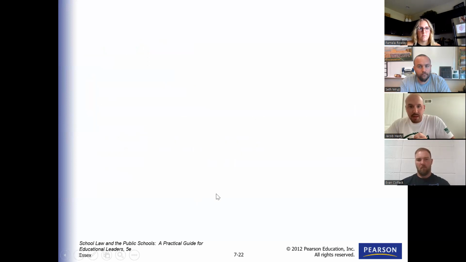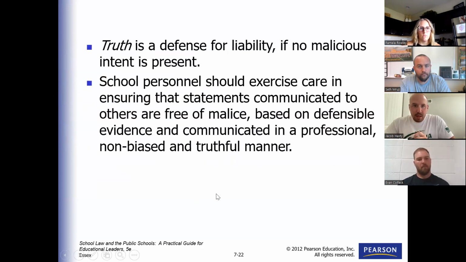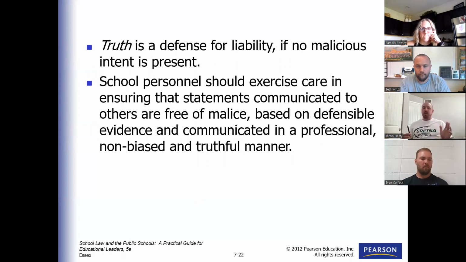You go ahead and go to the next one there. This one talks about truth as a defense for liability. The way I interpreted it is if you are telling the truth and there is no ill intent, that can protect you from malice. And if you had bad intent, you were trying to make the person look bad, then that was deemed malicious.